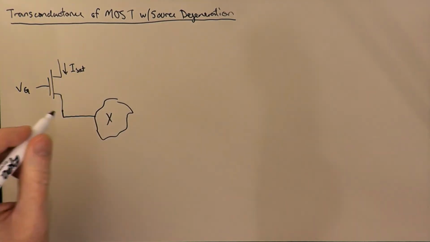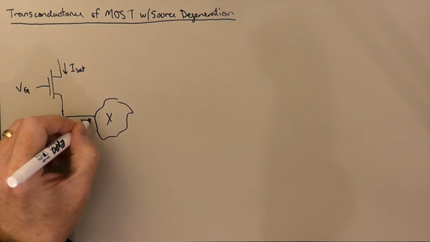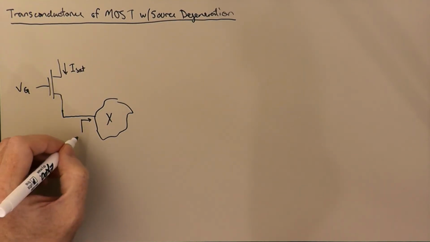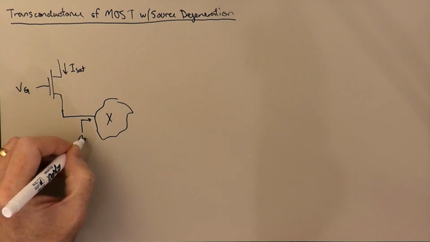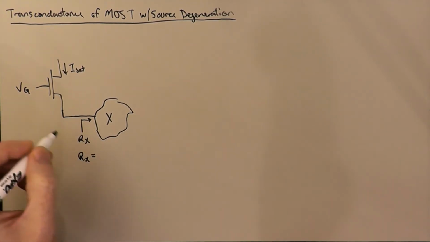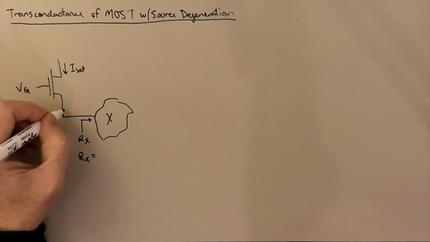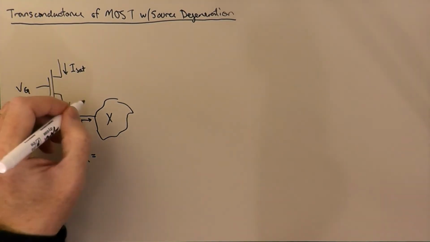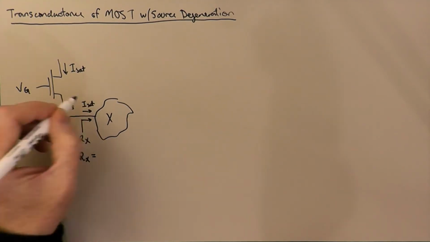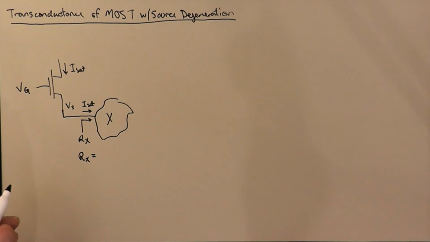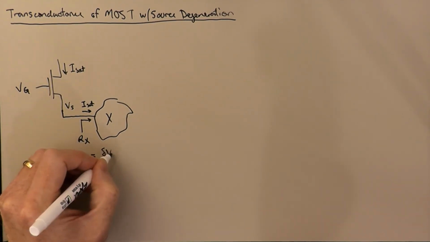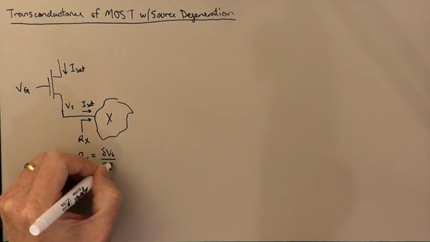We'll call it X. And that is characterized by a terminal incremental resistance of R sub X, where R sub X is, if we call this the source voltage, and the same current I sat flows in here, basically delta Vs over delta I sat.